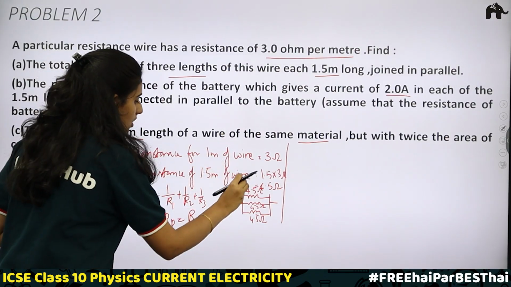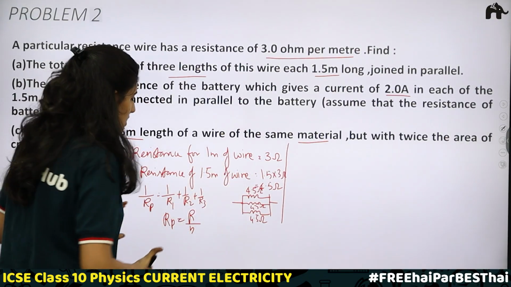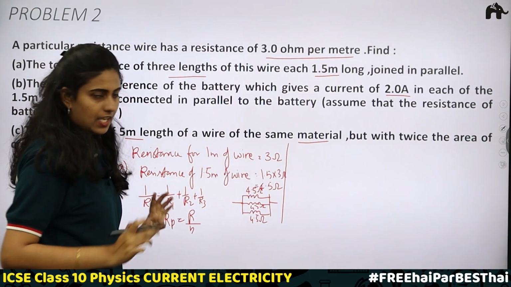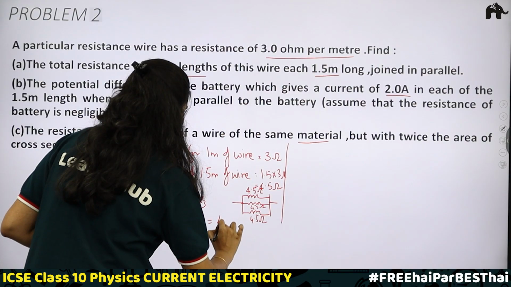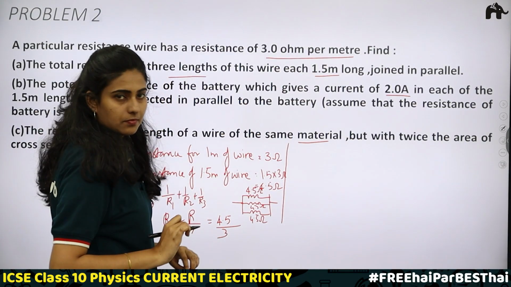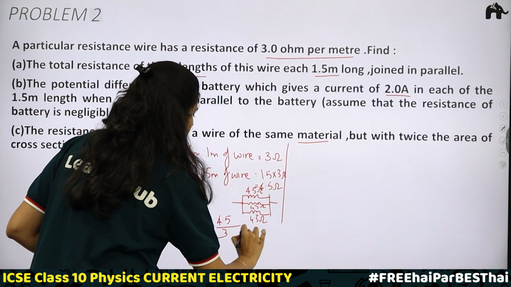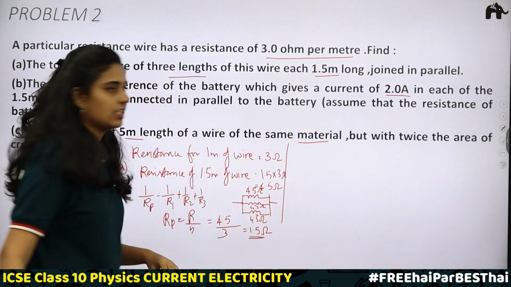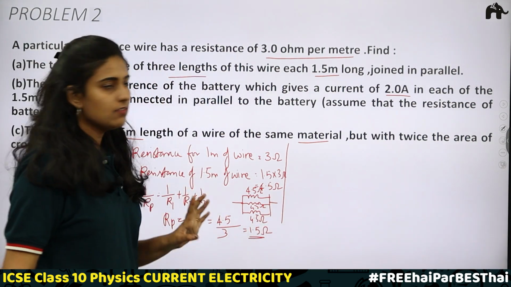When all the resistors have the same resistance, Rp is equal to R divided by N. Here R is 4.5 divided by N is 3. 4.5 divided by 3 is 1.5 ohm. Effective resistance in parallel is 1.5 ohm.